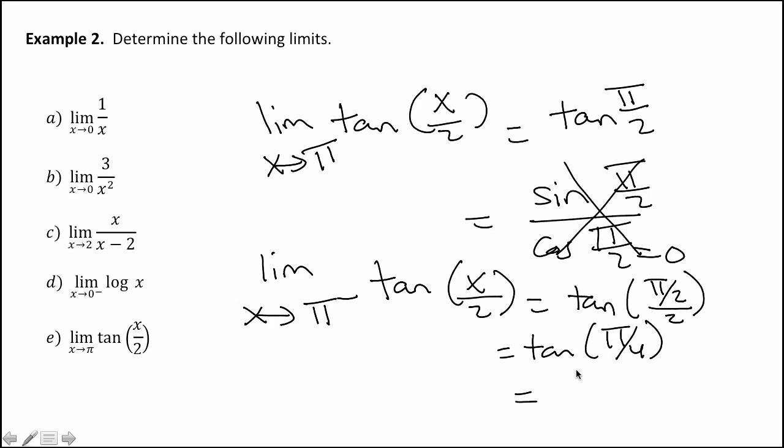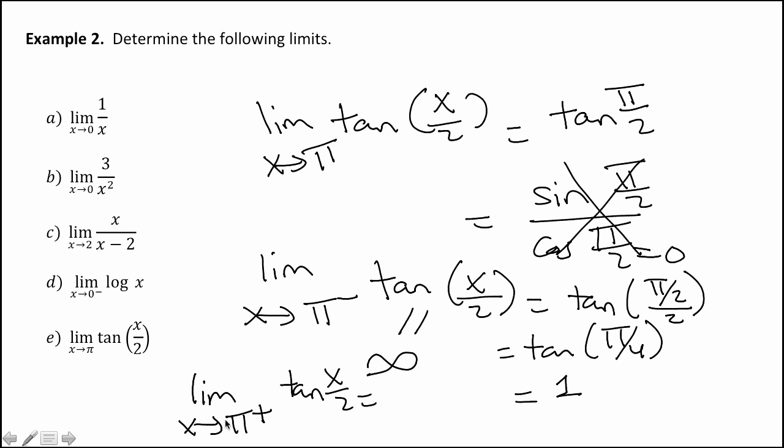And tangent of pi over 4 is nothing more than 1, so you get a positive, right? So since it's positive, we'll just say that the answer is that it's going to be positive infinity from the left side. Now if you did it from the right side, we're going to plug in a number just to the right of pi, a number bigger.